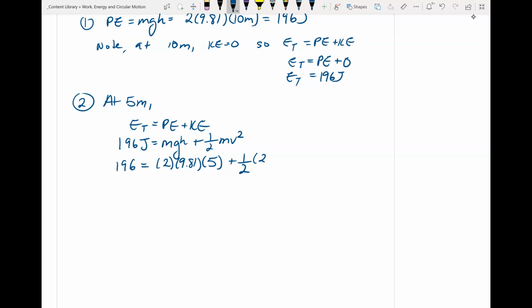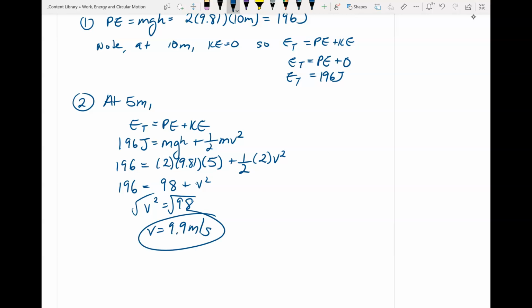The mass of the object is 2 kilograms, and we're looking for V. So I'm going to do some rearranging here so we can solve for V. So 2 times 9.81 times 5 is 98, plus V squared, because 2 divided by 2 is 1. Subtracting 98 on both sides, we're going to get 98. And then we want to square root both sides, so V is 9.9 meters per second, and that is our final answer.